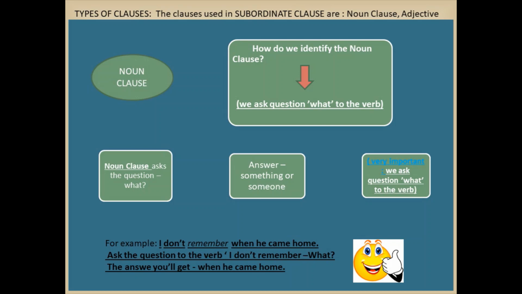I don't remember that when he came home. So this is the answer you get to the question what. What don't I remember? When he came. So this is the noun clause. Similarly, ask the question to the verb, I don't remember what? And the answer you will get is when he came home. So this is the easiest way that you can learn the noun clause.